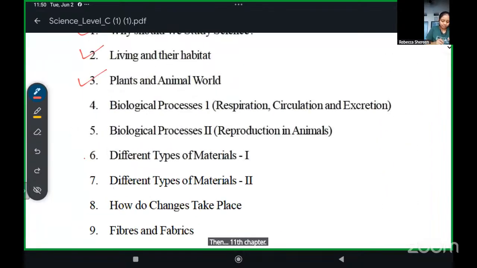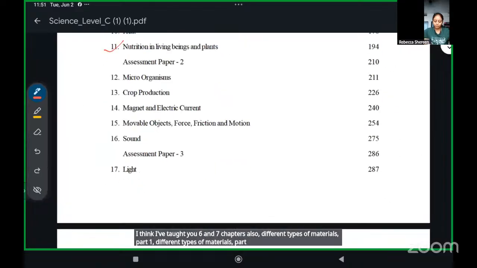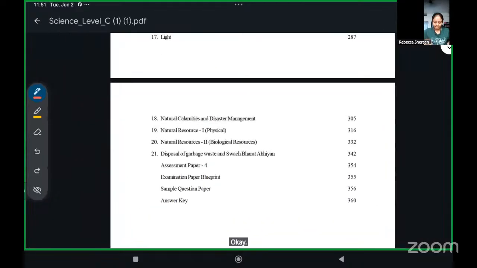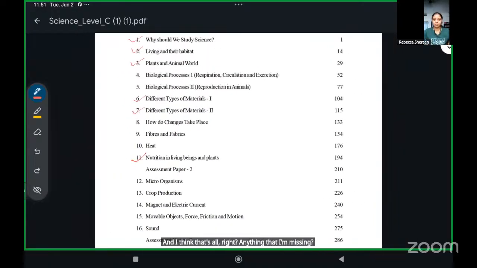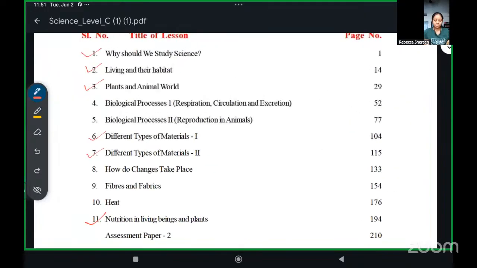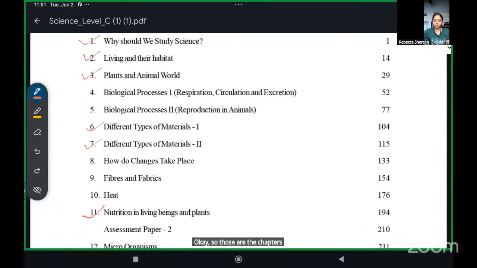I think I've taught you 6th and 7th chapter also. Different types of materials, part 1, different types of materials, part 2. Okay, and I think that's all, right? Anything that I'm missing? No. Okay, so those are the chapters that we've completed till now: lesson 1, 2, 3, 6, 7, and 11.